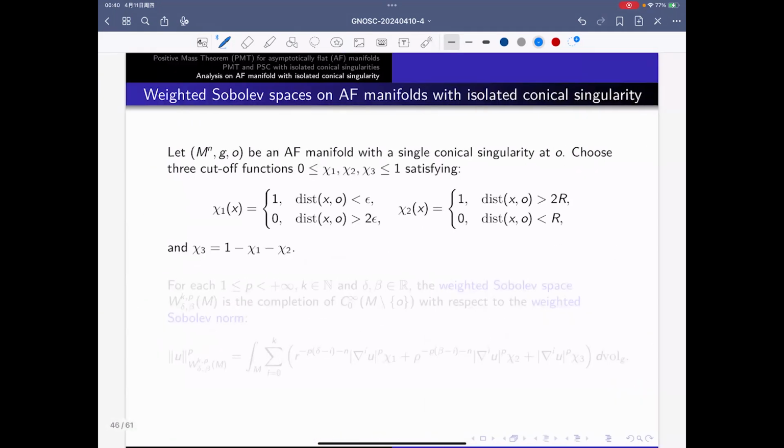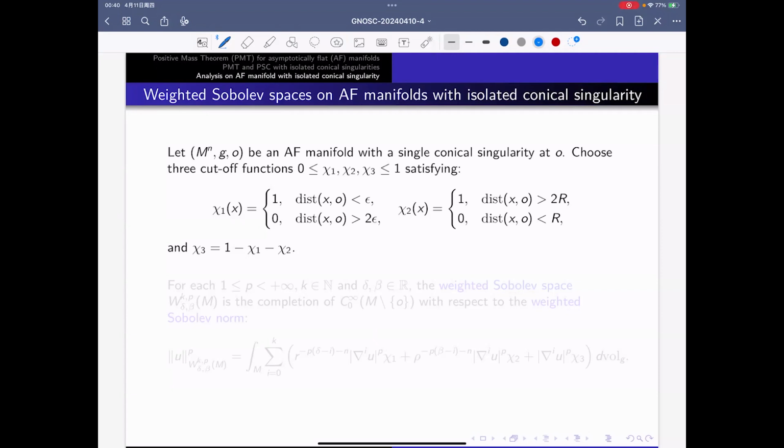So the main thing is solving some harmonic functions on the asymptotically flat manifold. But let's look at some analysis on this kind of singular manifold. We know Sobolev spaces are very important tools for solving elliptic equations on compact manifolds.